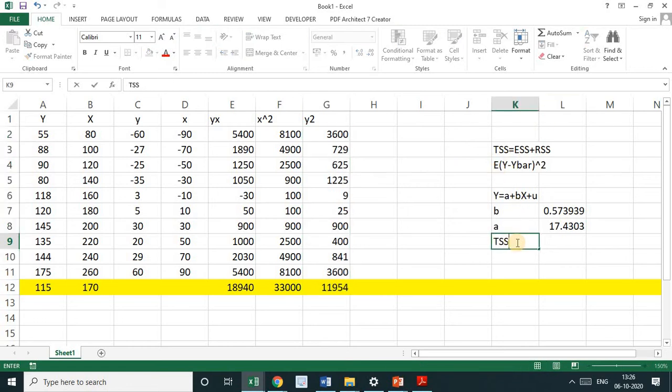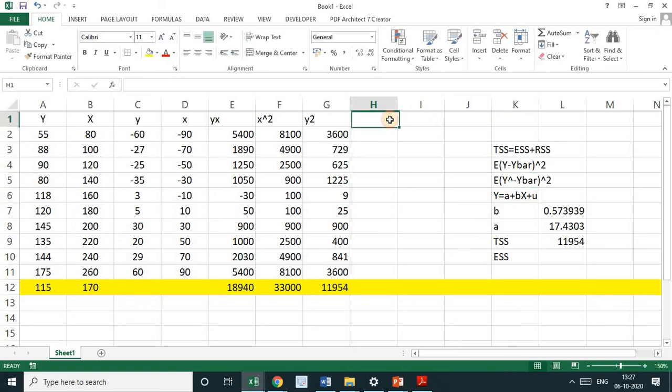So TSS is equal to 11,954. Then what is ESS? ESS is nothing but sigma y cap minus y bar square.